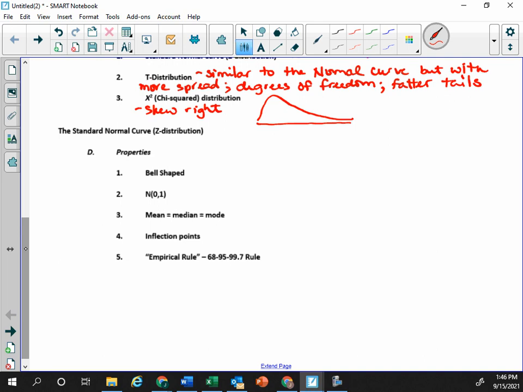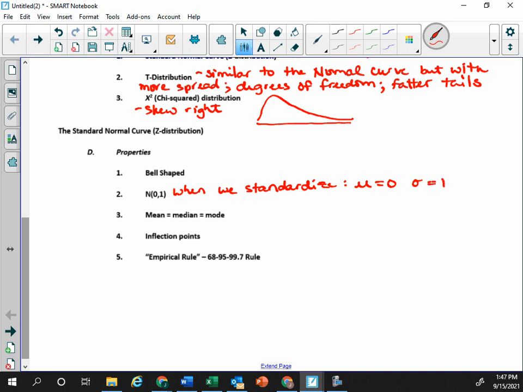Okay, so the one we're going to focus on right now is the standard normal curve. So we've got some properties. Bell shaped, that's what we've been drawing, that shape you see. If you hear about a bell curve to how scores were distributed, that's talking about the normal distribution. And this N(0, 1) means that when we standardize, the mean is 0 and your standard deviation is 1.